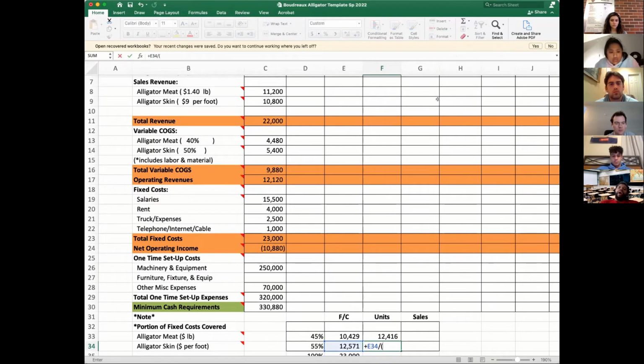So we know that's the sales price, right? So we need the sales price of one unit, 9, minus what's the variable cost of one unit? Joseph? It'd be 55% of $9. Right. So I do $9 times 0.55. No, not 55. What would it be? Oh, it'd be 50%. 50%, right.